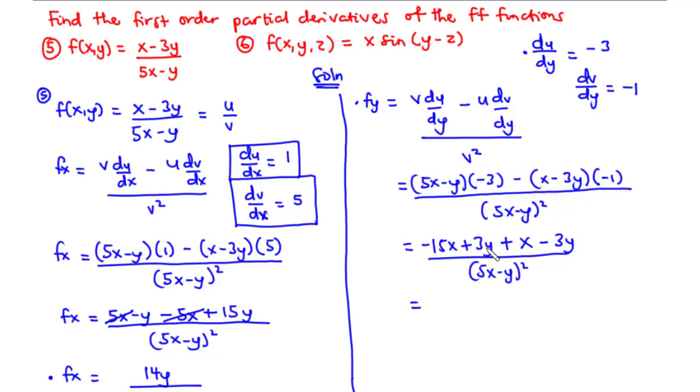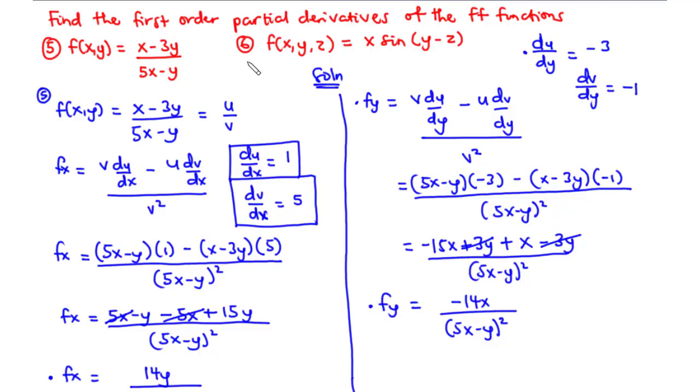This is equal to, so this cancels out this, we have -15x plus x, that is -14x all divided by 5x minus y all square. So this is fy.